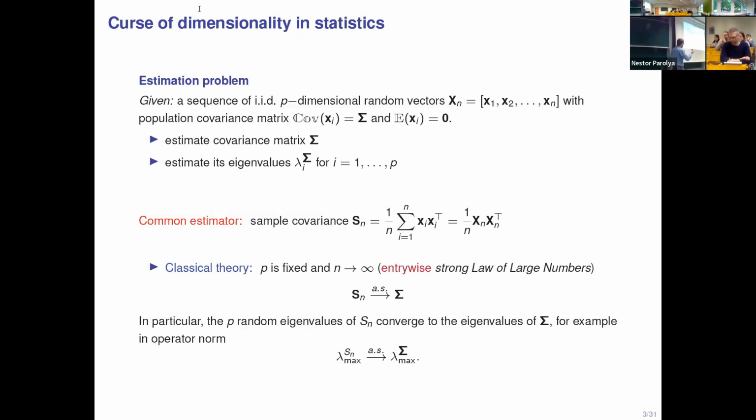Just because in the classical theory, if you fix the dimension and send the sample size to infinity, you have the entry-wise strong law of large numbers, so Sn, the sample covariance, is converging to sigma, but also the maximum eigenvalue of Sn converges to the maximum eigenvalue of the population counterpart, and many other things, because any functional of Sn will converge to the same functional of the truth, right? So this is something we know, right? So this is happening not only with the covariance matrix.